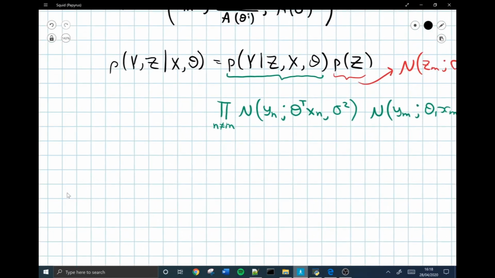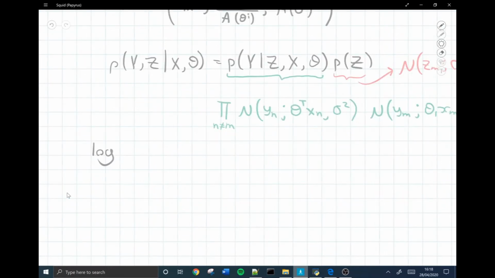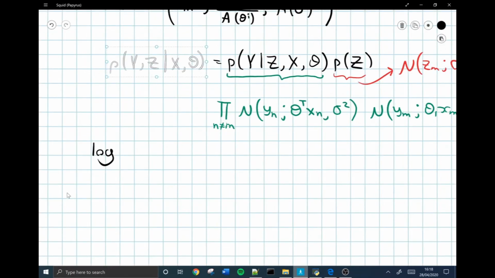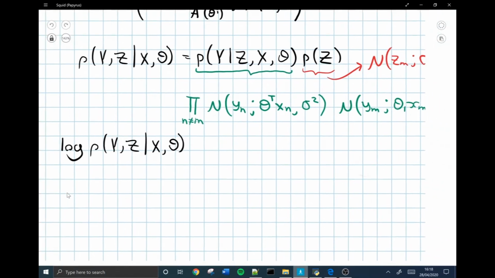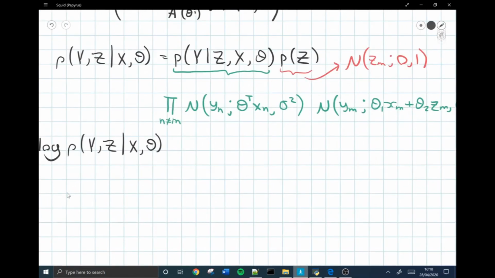So that means we know that the logarithm of this is going to be equal to, so we're going to take the logarithm of this first, of this green expression first.